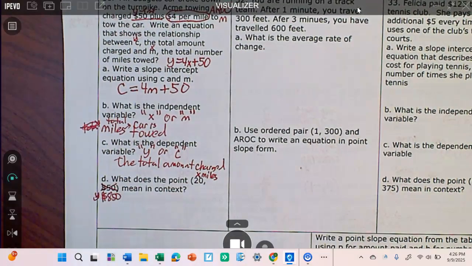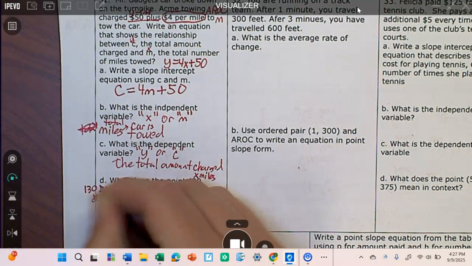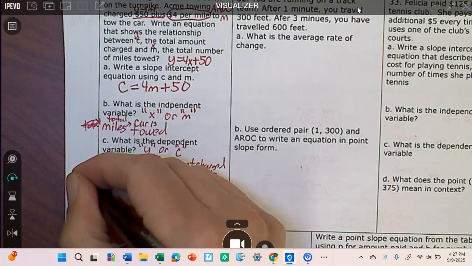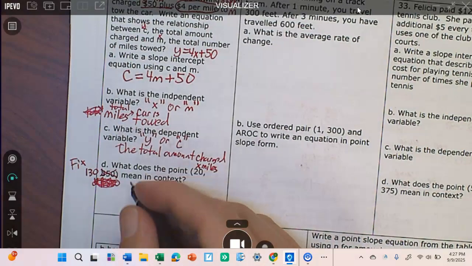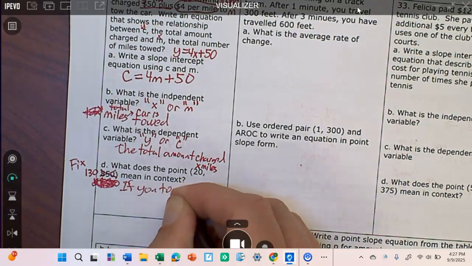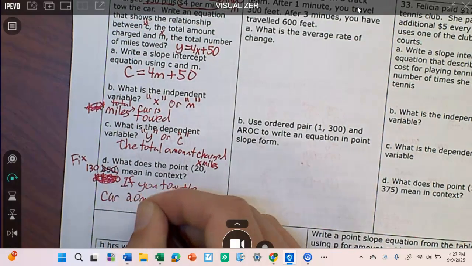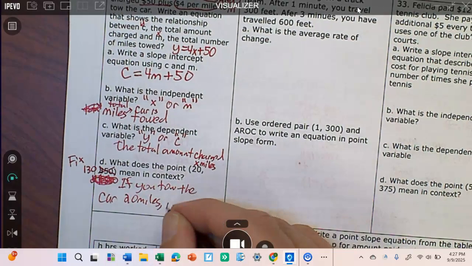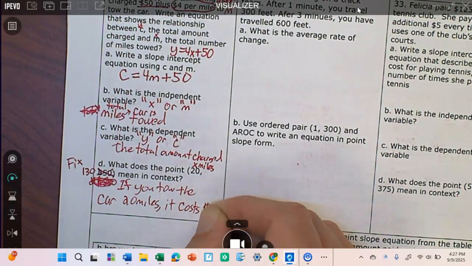Oops. No, wait. Yeah, it's supposed to be 130. So, fixaroo. If you tow the car 20 miles, it costs 130.